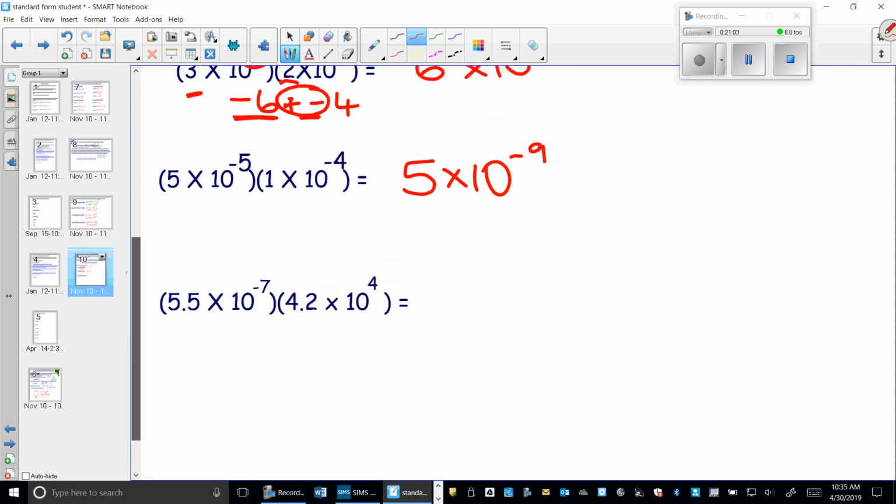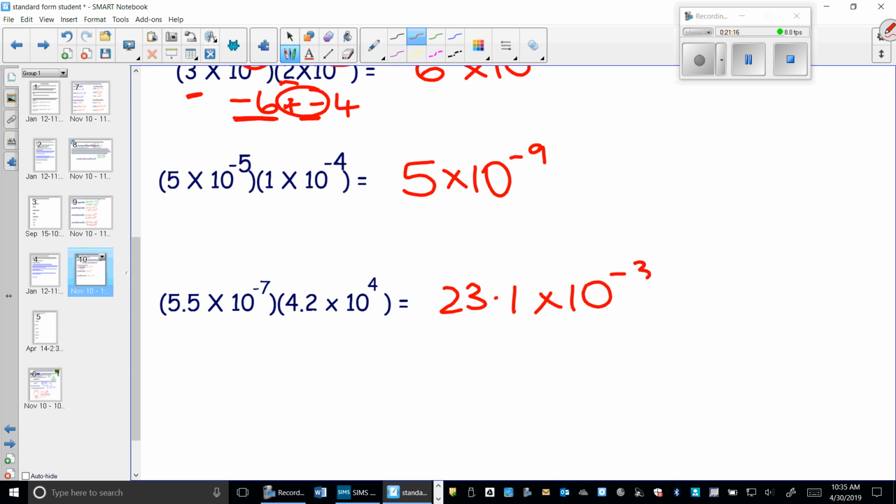Thank you. And then 5.5 multiplied by 4.2 is 23.1, multiplied by 10 to the power, so this is negative 7 plus 4, which gives us negative 3. But is this in standard form? No. So we're going to do 2.31.